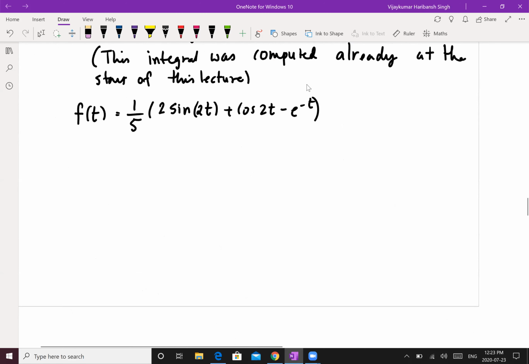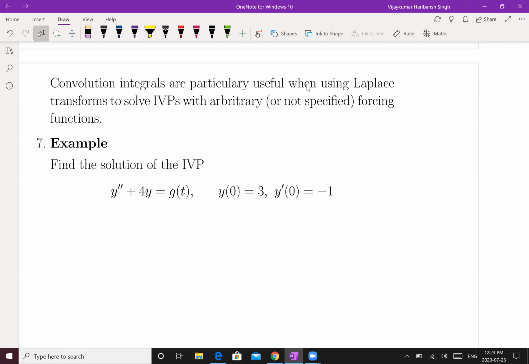Now, one more interesting application of convolution integrals is when you're using the Laplace transform to solve an initial value problem with an arbitrary forcing function. It means you're given this g of t and you're not told what this g of t is. So let's look at the following example. Notice that this is not specified.